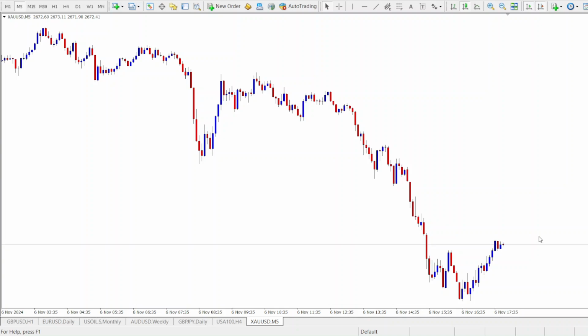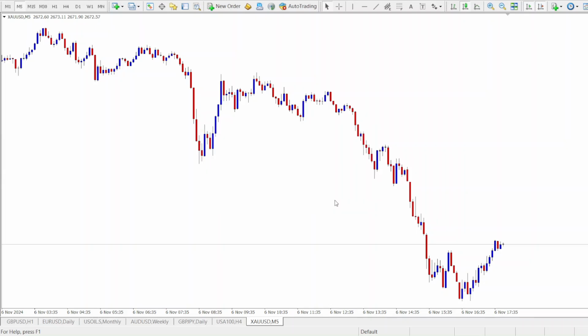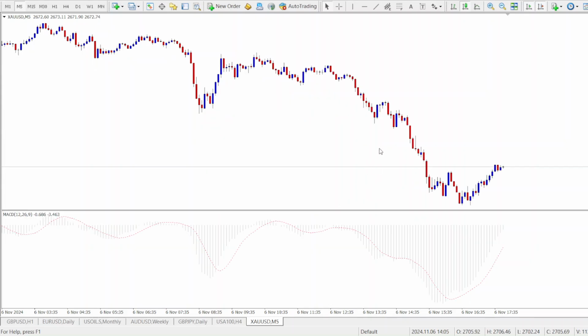So the MACD, or the Moving Average Convergence Divergence, is a popular indicator used by traders worldwide to gauge market momentum and pinpoint trend changes. But did you know that adjusting its settings can make a whole lot of difference, especially if you are focusing on the daily time frame?